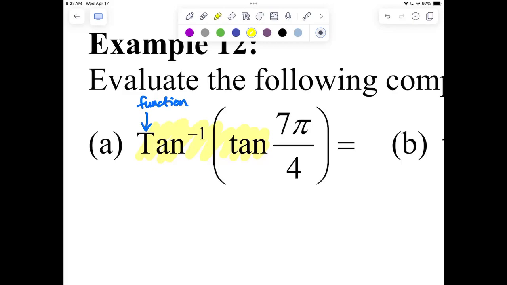But is 7 pi fourths in the PVR? The PVR is negative pi halves to pi halves. And where does 7 pi fourths live? It actually does live in quadrant 4. But to get there, we don't go straight down to it. We go all the way around. So this is good. We're in the right quadrant.